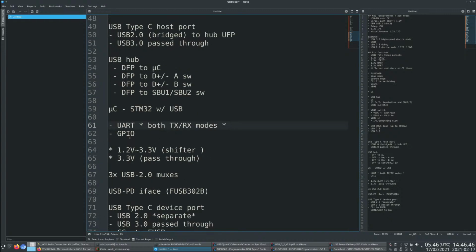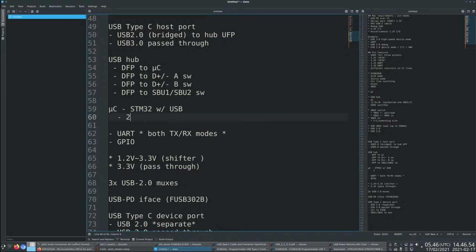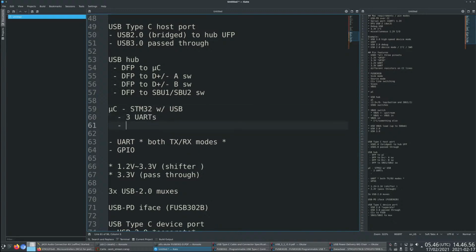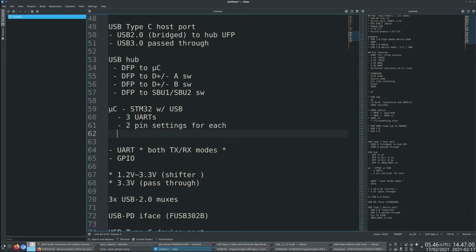That means we could potentially have up to 3 UARTs at once if the device on the other end supports it, and use the hardware for all of them. So this is basically ideal, right? Because we have 3 UARTs and at least 2 different pin settings for each, it means we can have up to 1 dedicated UART for each of the pin sets and use the pin settings to flip over TX and RX.